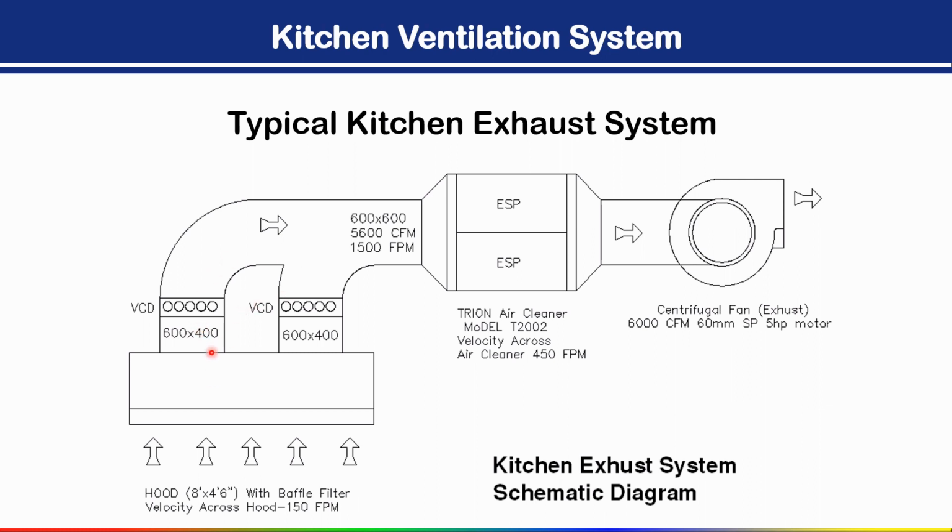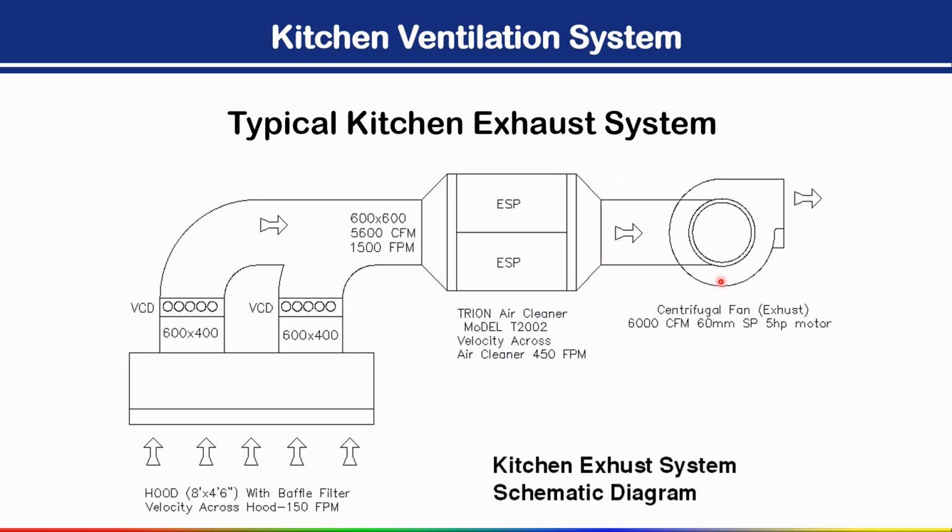Finally, all smoke will enter the ESP, electrostatic precipitator. The function of the electrostatic precipitator is that if any impurities remain in the duct after the baffle filter, they are removed by the electrostatic precipitator and we can throw pure air to the atmosphere.